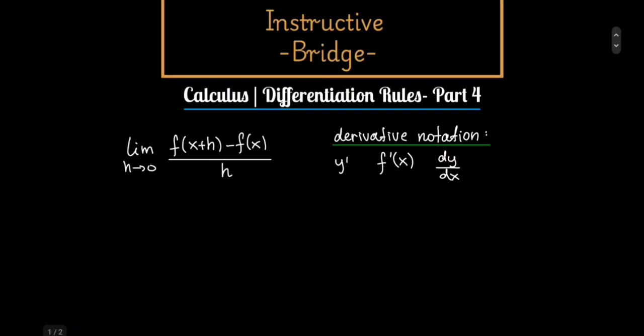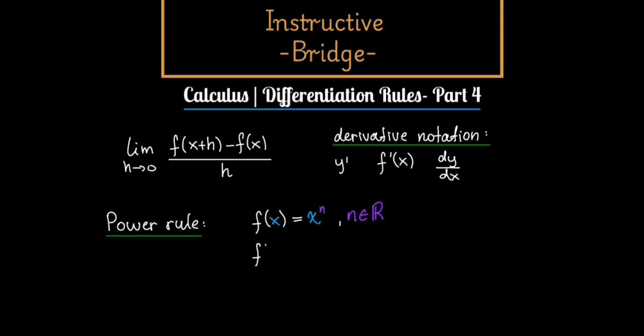Now, out of all of the differentiation rules, the most general and commonly used is the power rule. Let's say we have a function f of x equals x to the power of n, and n in this case would simply be a real number.